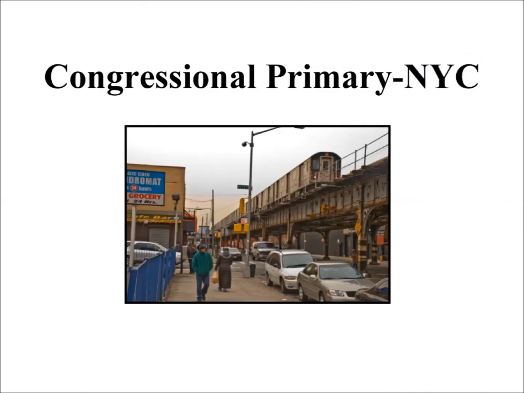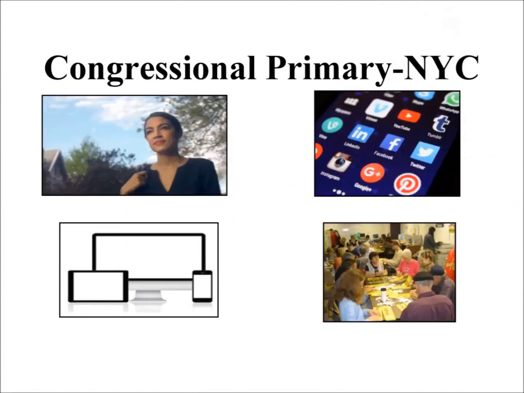In a recent primary in New York, an underfunded candidate challenged a 10-term member of Congress in a Democratic primary. She looked at all of her options and decided the only tools she could afford to use were social media, a website, text messages, and volunteer phone calls. She produced a very compelling video that had all of the elements of her message, her biography, story, values, and issue positions.